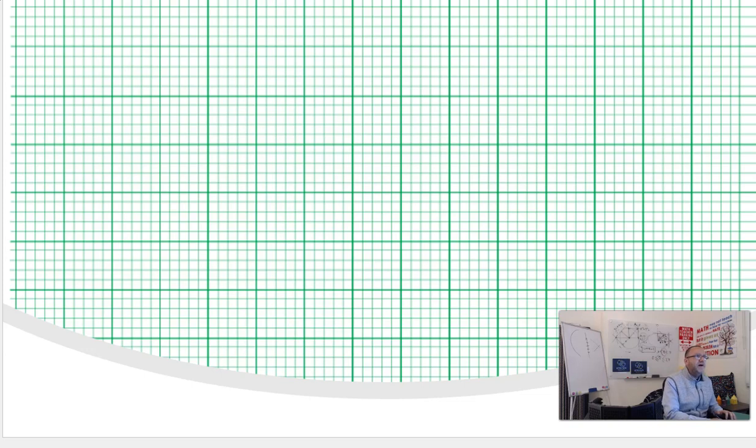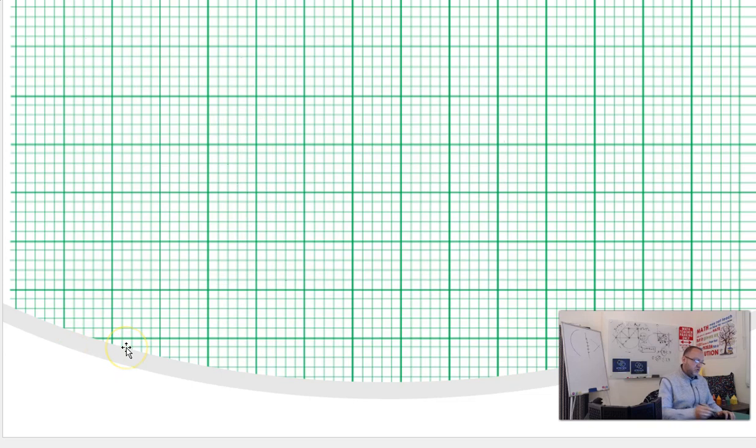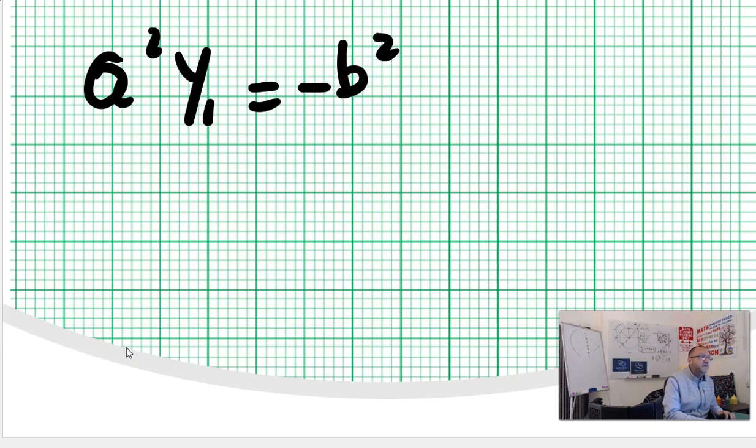So now what do I have? Now I have something like this. If you eliminate this, what do you end up with? You end up with a squared y1 equals minus b squared x1. y1 and x1 are the coordinates of that point P, equal m.